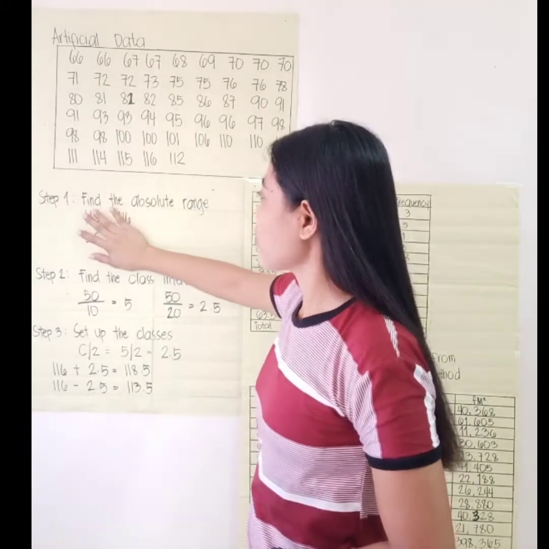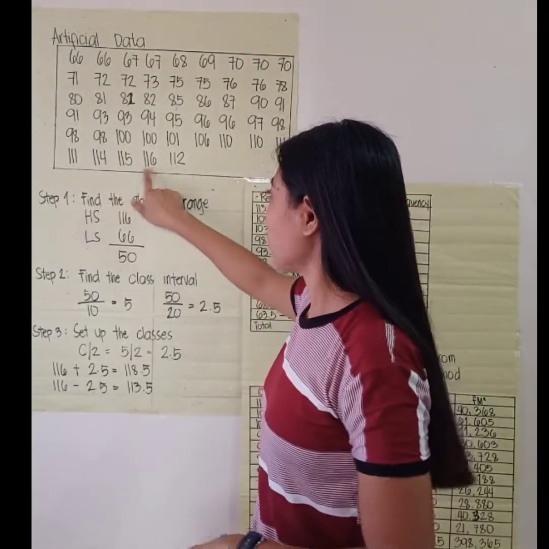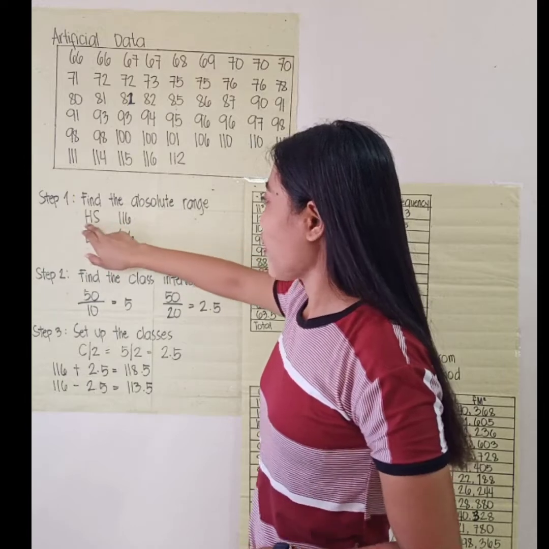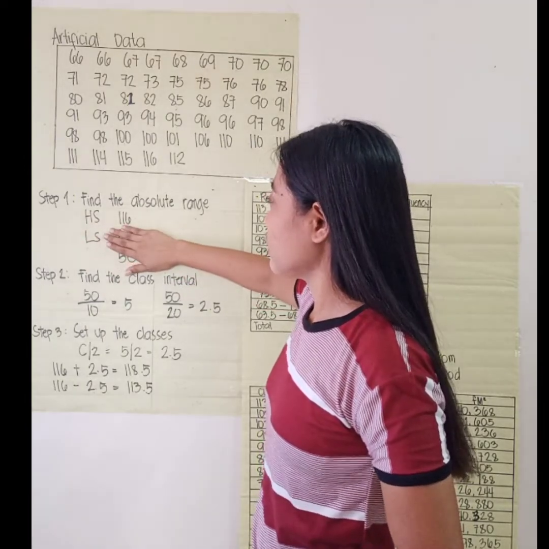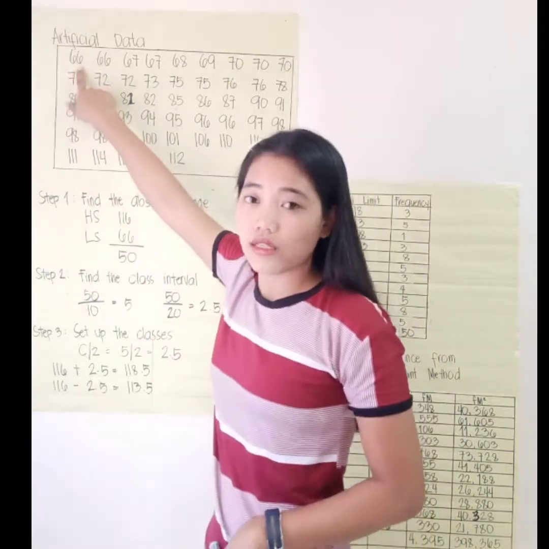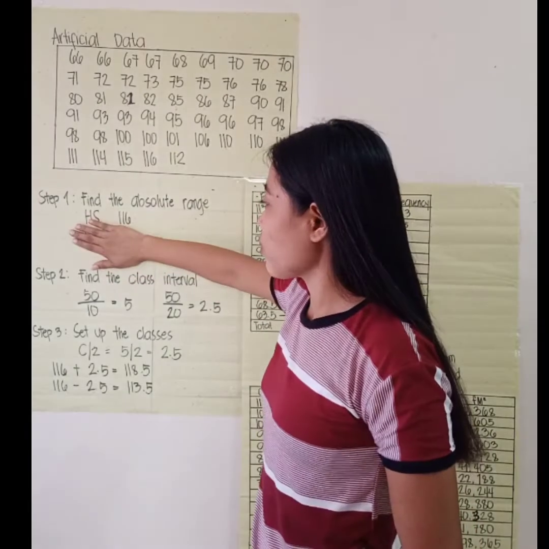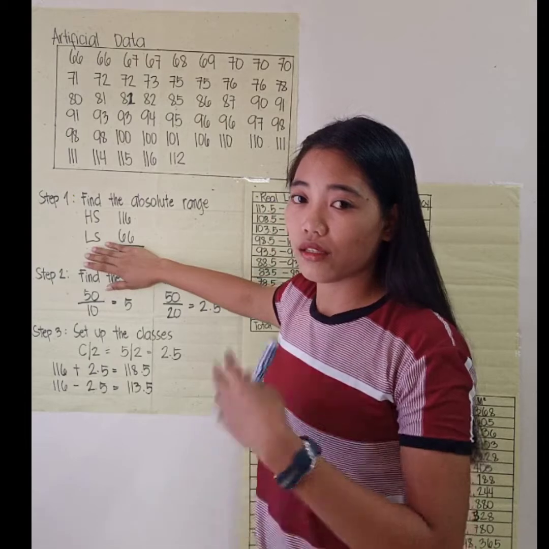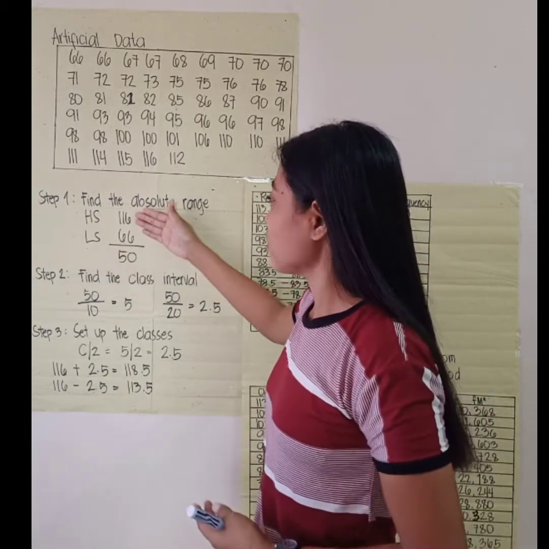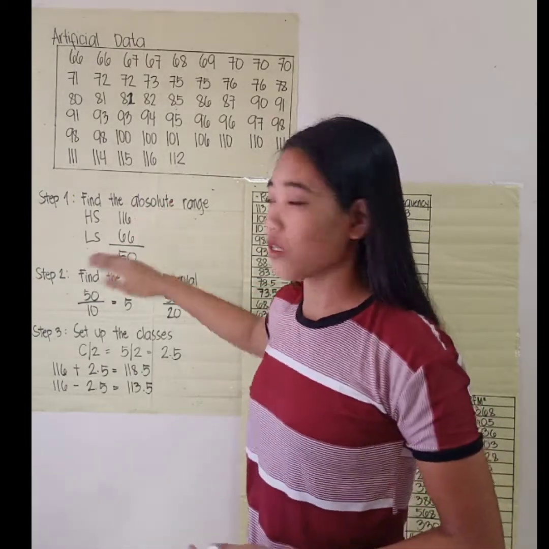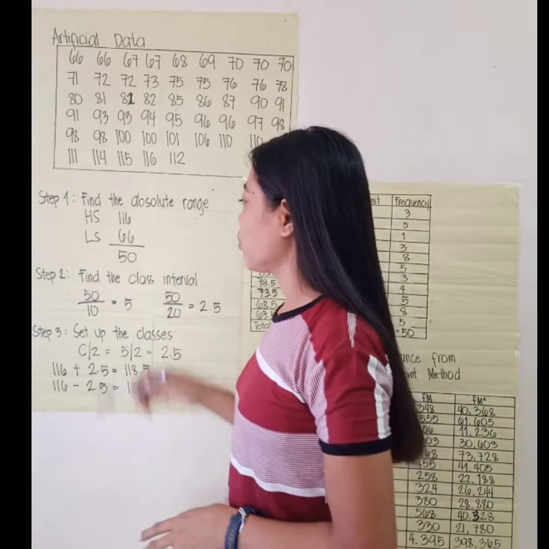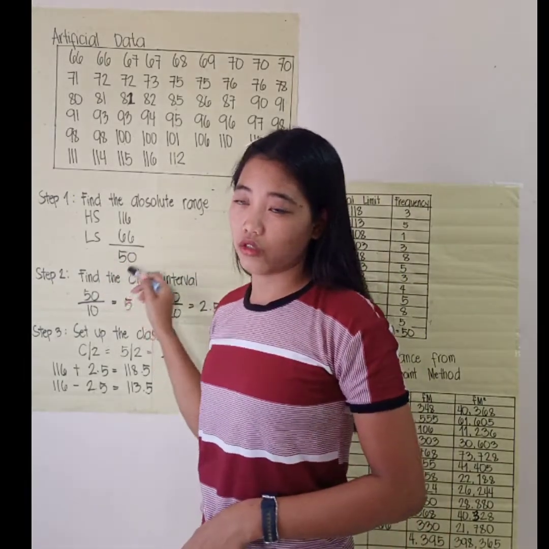Our highest score is 116 and the lowest score is 66. 116 minus 66 is equal to 50. This will be our range.